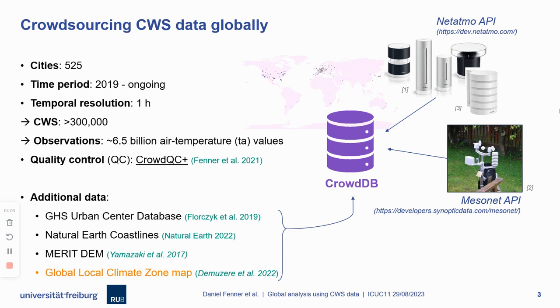Then we add some additional data, in particular the Global Human Settlement urban center database, some coastline data from Natural Earth, some elevation data for lapse rate correction, and, very importantly, the local climate zone data from the global map produced by Matthias, also in Bochum. We call this the CrowdDB, the crowdsourcing database.